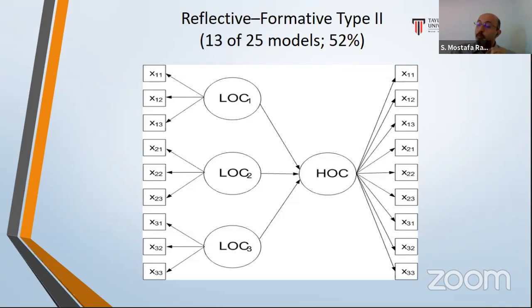In formative we have two types: causal formative and composite formative. But there is a significant difference between them. In causal formative, we have an error term at construct level, but in composite formative, we don't have an error term, right?